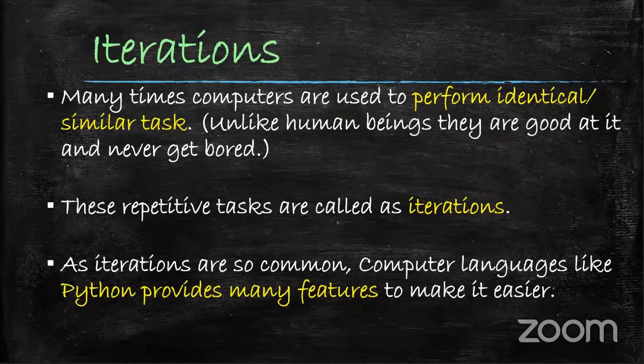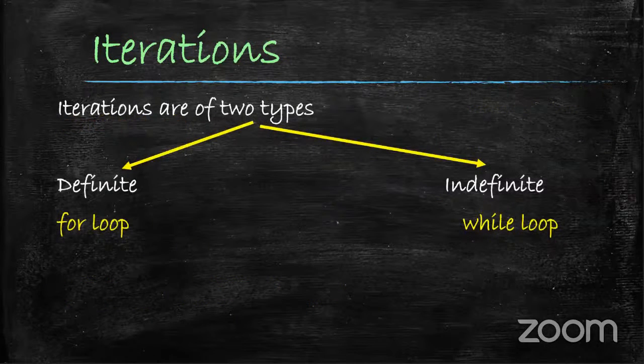As iterations are so common, computer languages like Python provide many features to make it easier. That's why all programming languages, including Python, provide many features to make it easier for the user to create a loop. Now there are two types of iterations, as I said: one is definite, another is indefinite.